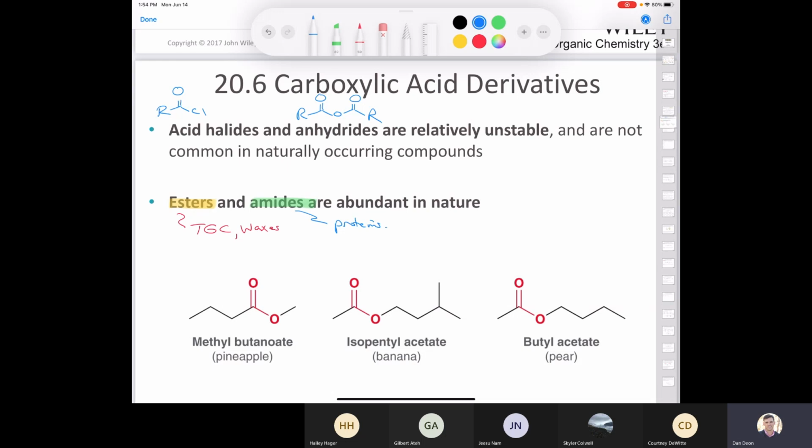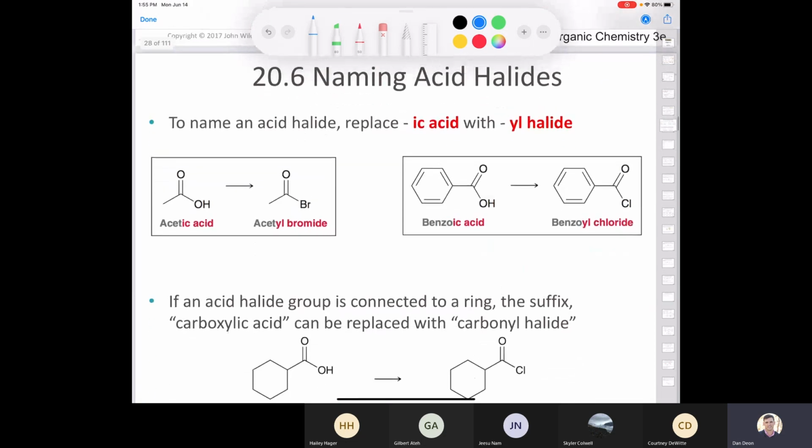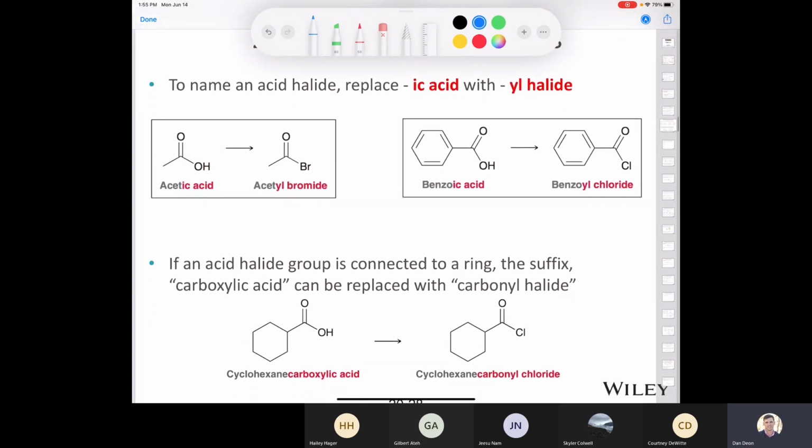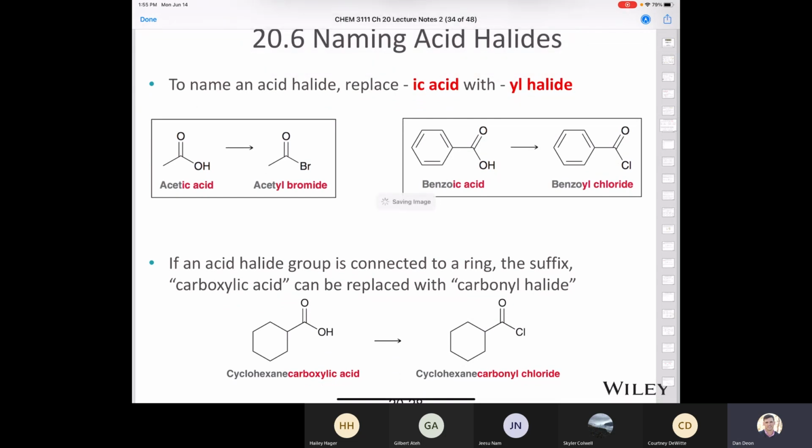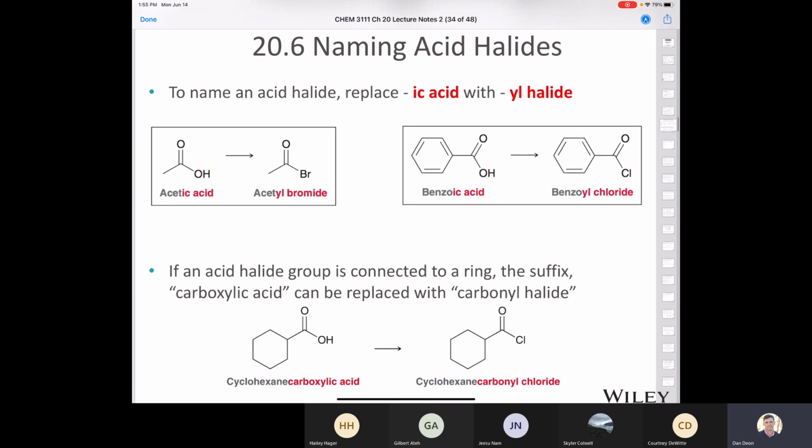Before we can get into the reactions of carboxylic acid derivatives, we need to spend some serious time talking about the nomenclature of carboxylic acid derivatives. You're going to have to strap your skates on for this one and follow me. It's going to require some serious practice in order to get all of these concepts to crystallize in your mind. Okay, so let's start with acid halides.